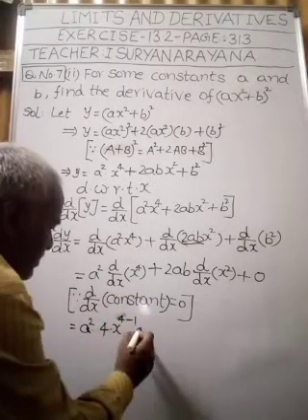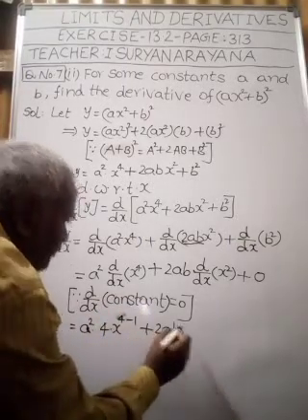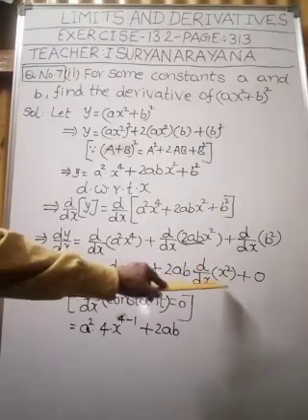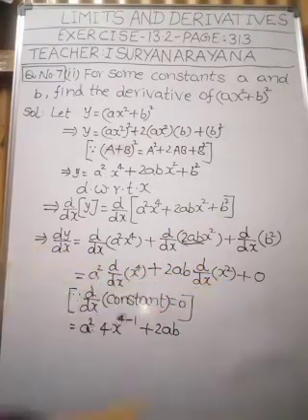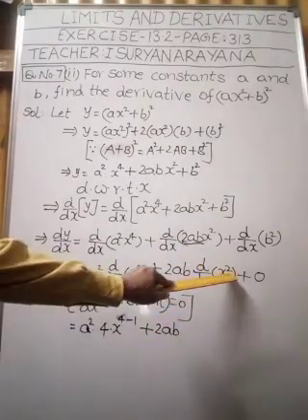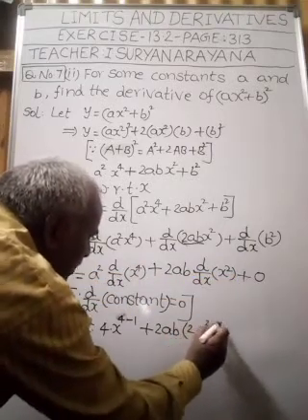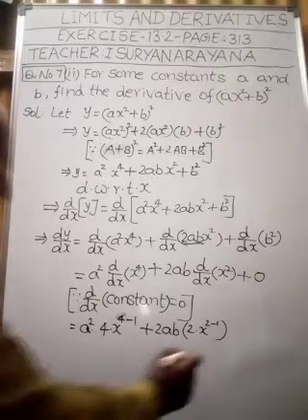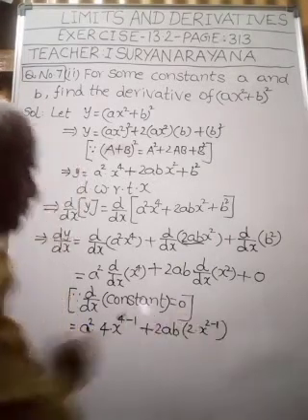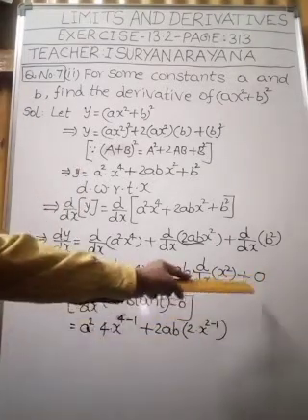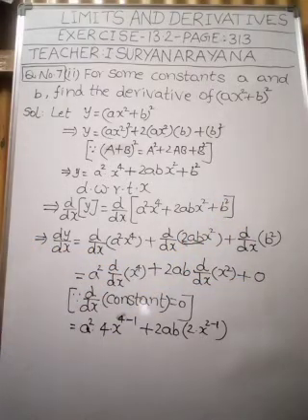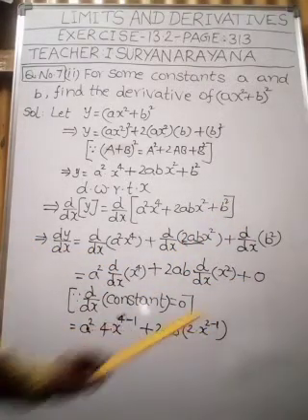Right. Plus 2ab into, here also we can use the same derivative formula, d by dx of x power n, where n is equal to 2. So 2 into x power 2 minus 1. Okay, my children, understood this part? Right. Plus 0, I am not writing this last term, I am leaving that last term. Understood this step, my children?